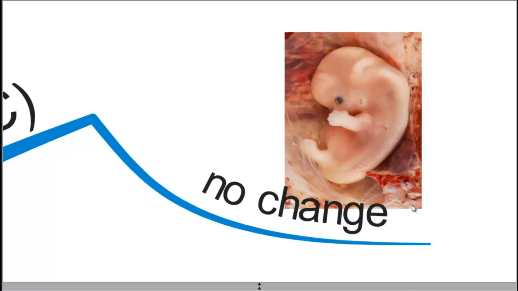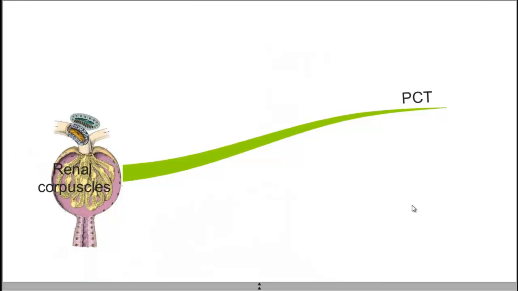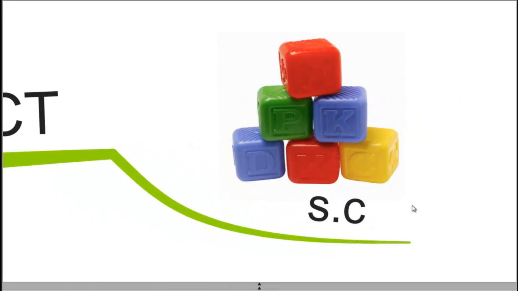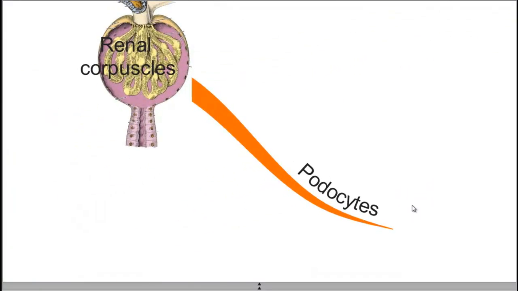During embryonic development, the epithelium of the parietal layer remains relatively unchanged. Then we talk about the proximal convoluted tubule, which has simple cuboidal epithelium or a low columnar one.